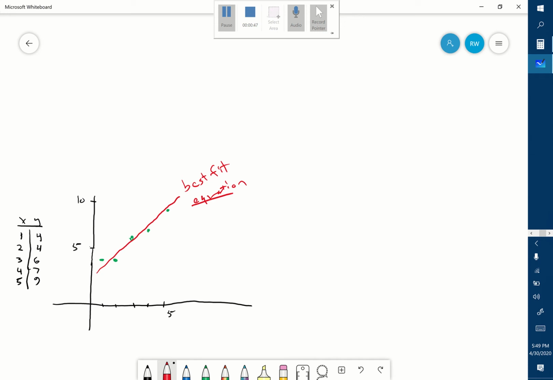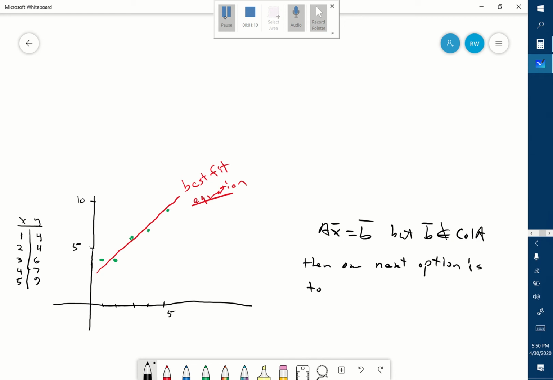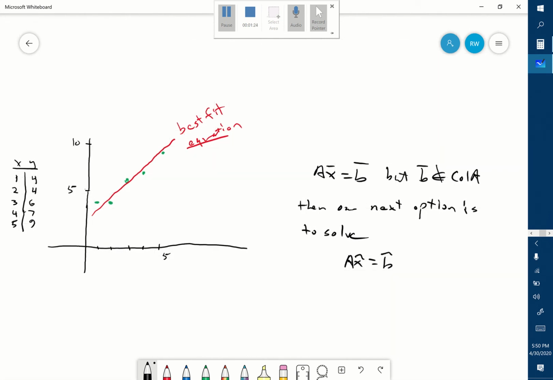Well, what we learned earlier today was if you are trying to solve Ax equals b, but b is not in the column space of A, then our next option is to solve A x hat equals b hat, the closest approximation, where b hat is the projection of the vector b onto the column space of A.